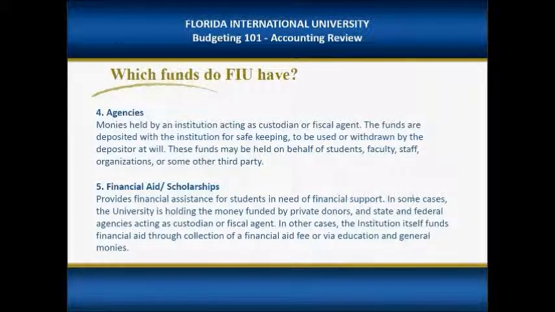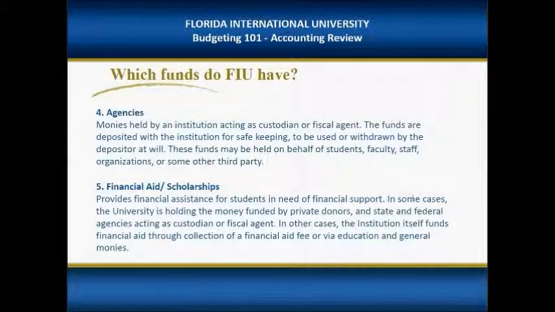And we might be holding these funds on behalf of certain students, student groups, for example, student organizations, or other third parties. Again, these agency funds are really liabilities. The money doesn't belong to FIU. The money belongs to someone else. Again, highly restricted because we need to account for it as a liability in case we're ever asked to return the money.